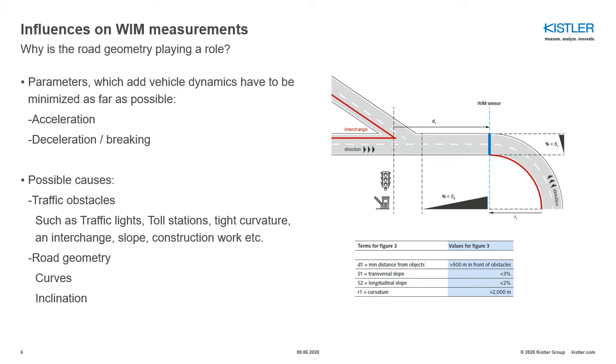What are possible causes for this kind of behavior? Most likely it's traffic obstacles such as traffic lights, toll stations, tight curvature, an interchange, slope, or construction work. But it's also about the road geometry directly. For example, if you have curves or a strong inclination.